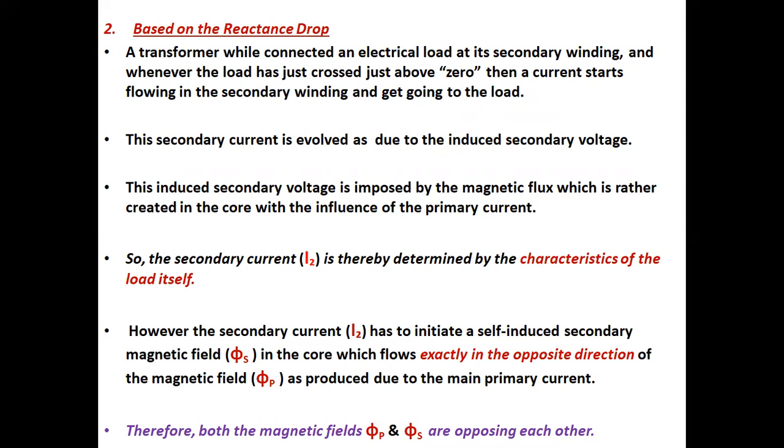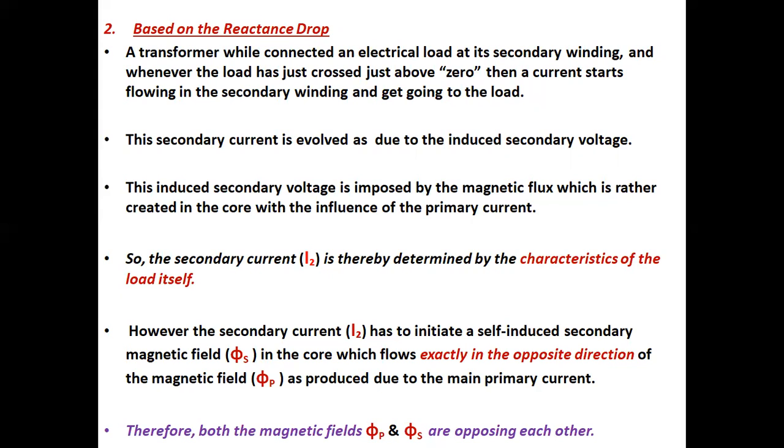This secondary current evolves due to the induced secondary voltage. This induced secondary voltage is imposed by the magnetic flux, which is created in the core under the influence of the primary current. So the secondary current I2 is determined by the characteristics of the load itself.